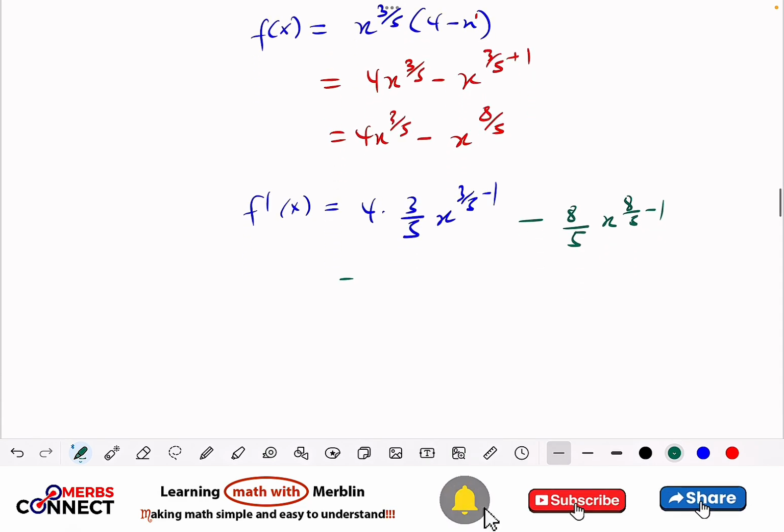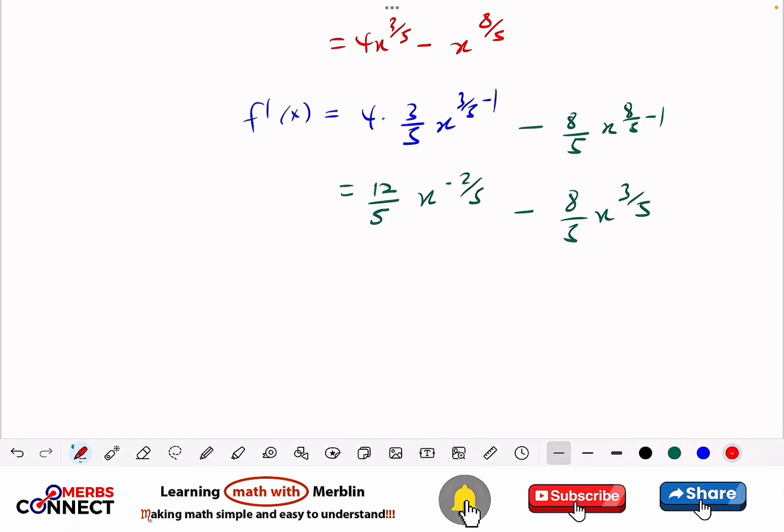So this is going to give us 12 on 5. The top is going to give us minus 2 on 5, minus 8 on 5. And this is going to give us 3 on 5.